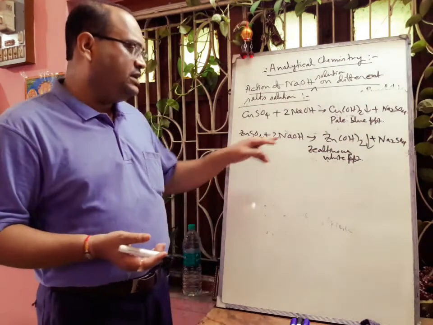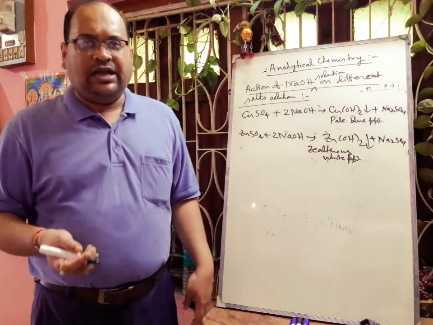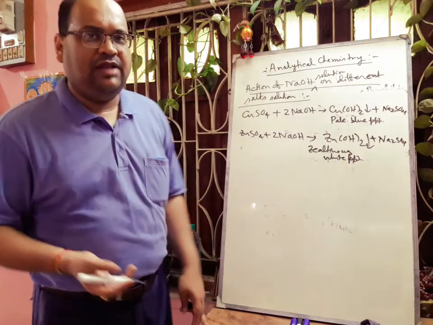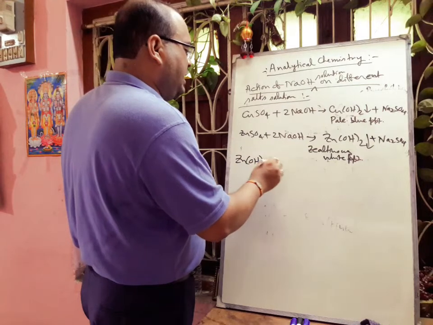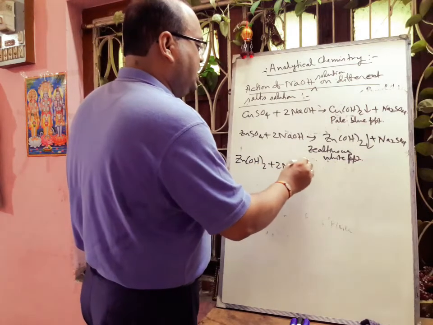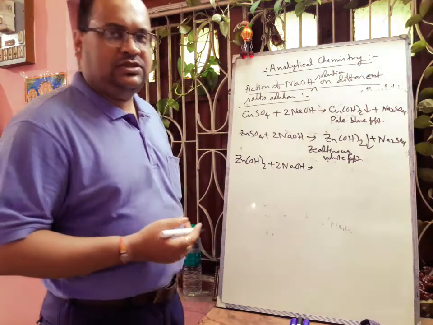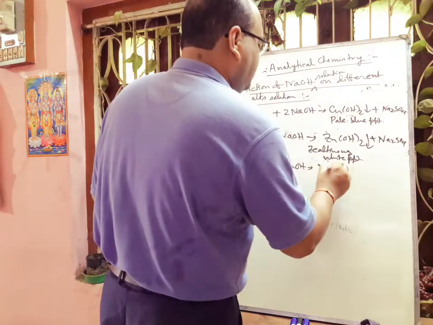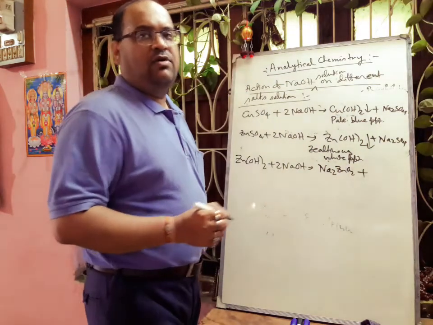So if we add a little bit of NaOH, or 2-3 drops of NaOH. But if we add excess NaOH, then what will happen? Zinc hydroxide again reacts with this excess NaOH, and that will form one complex compound, that is sodium zincate, Na2ZnO2, and there will be formation of water.